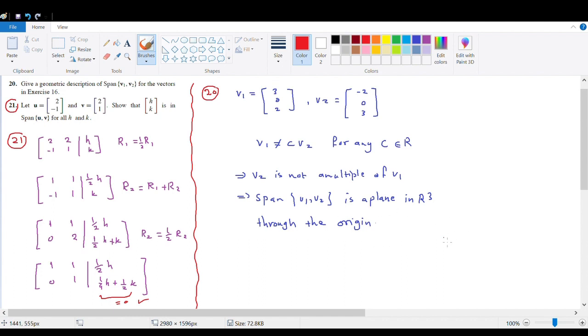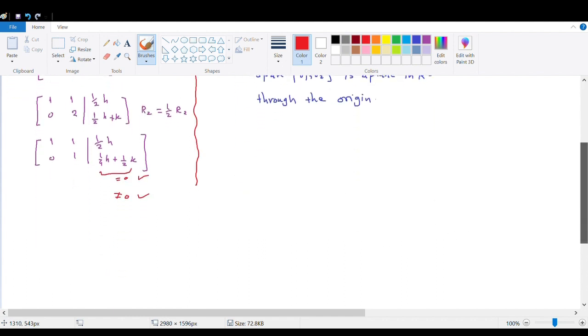So let us write this one as a general result. Here 1 over 4 h plus 1 over 2 k can be any value for the system to be consistent.